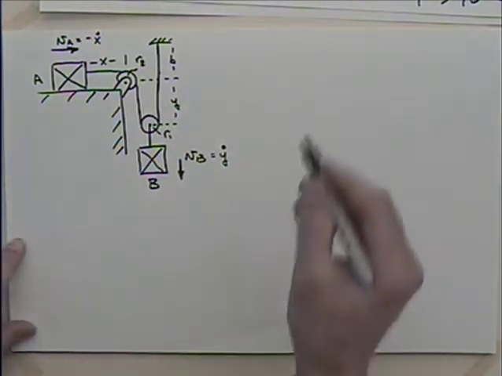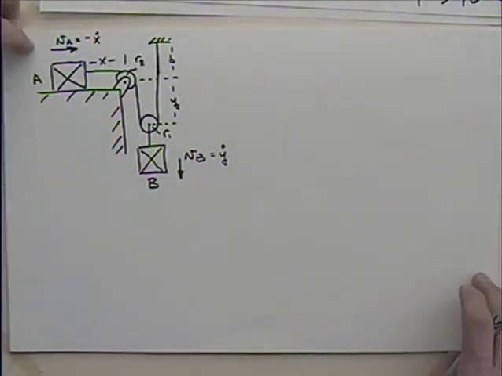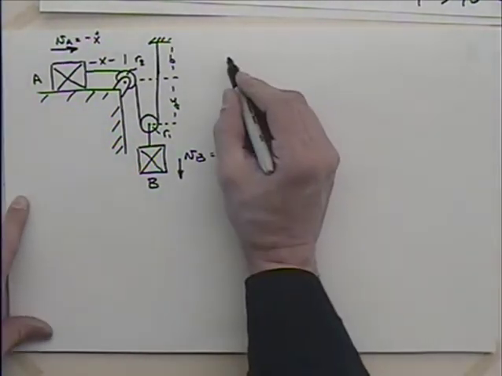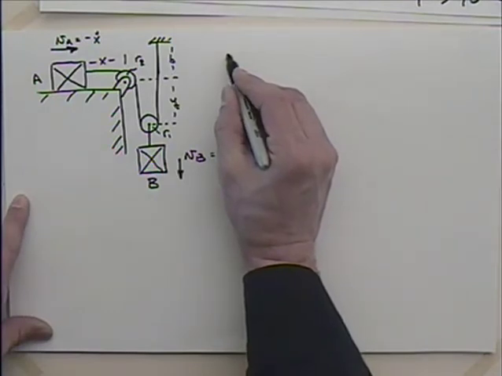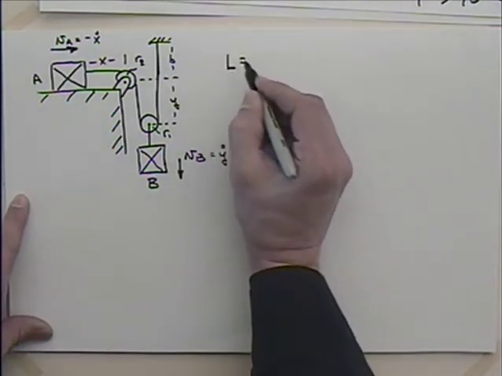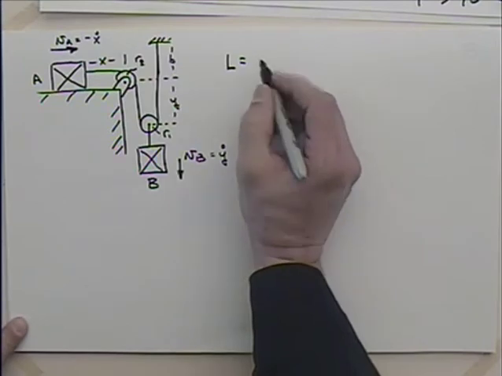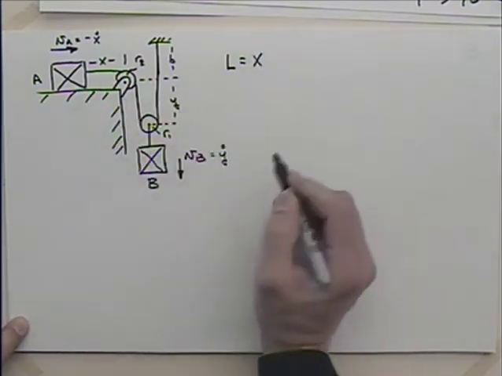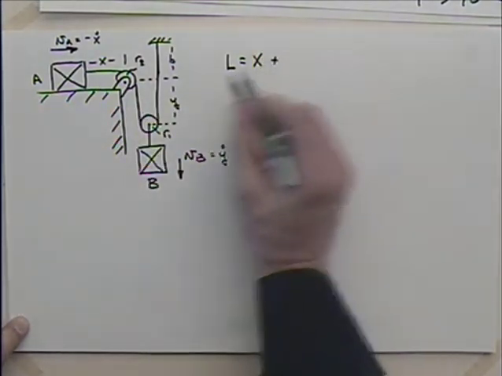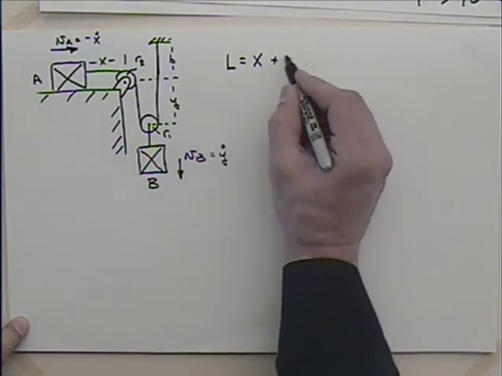And like I said, the trick or the tool is probably a better name, but the trick is to look at the length of that rope or cable. So I could say that the length is going to be x, that gets me that much of it, plus as it goes around that pulley, that's going to be what?